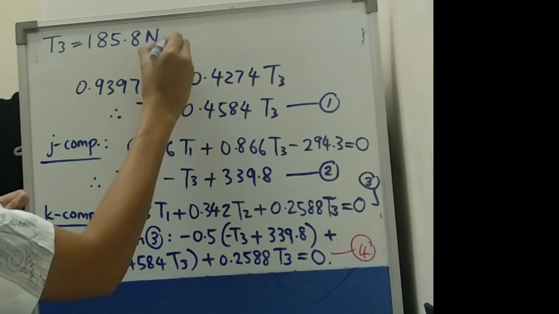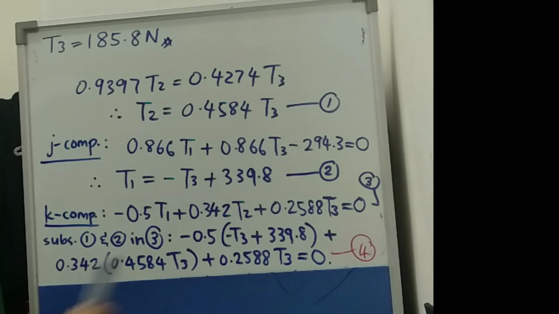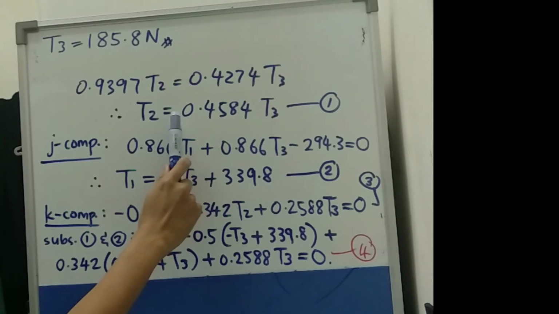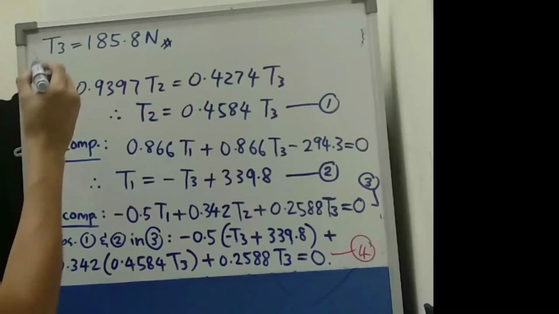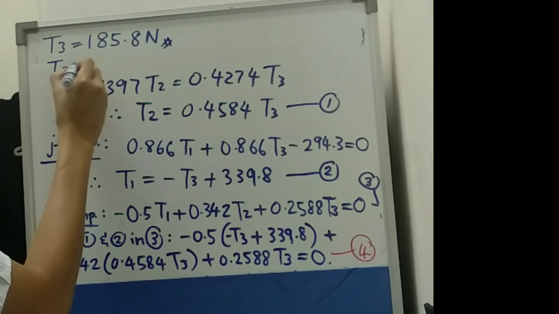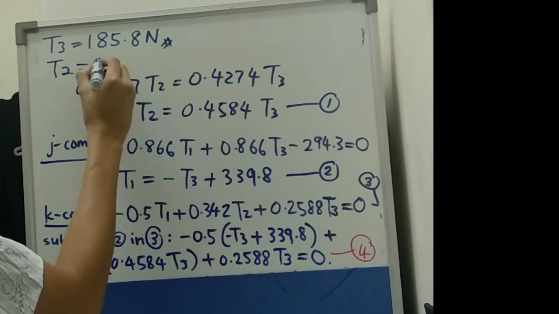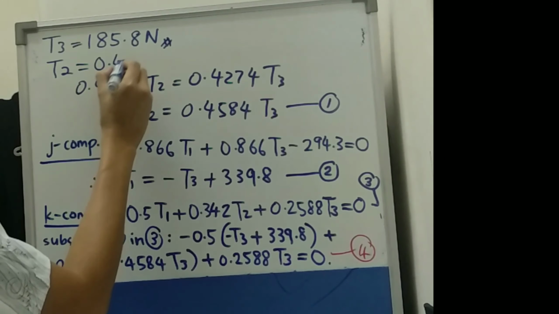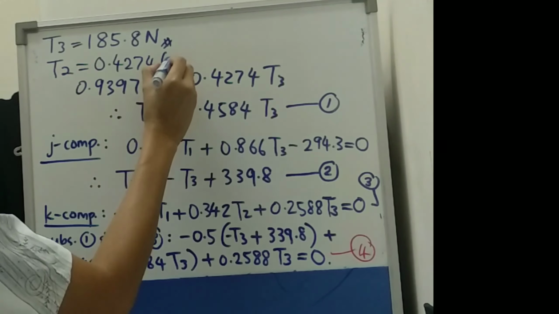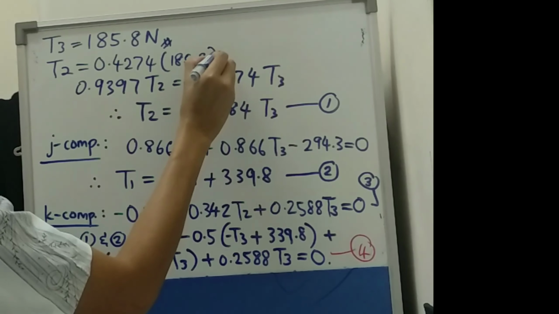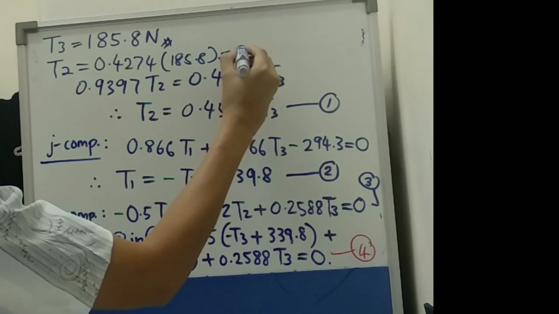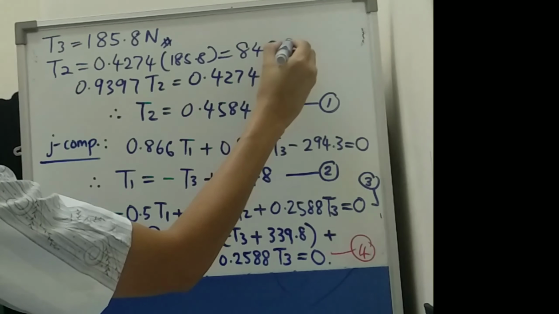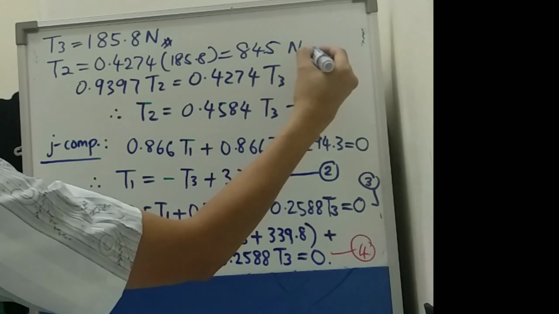Once we get T3 from solving equation number 4, we can solve for T2 by substituting the value of T3. We got T2 equal to 0.4274 times 185.8, which gives you T2 of 84.5 Newton. So you get your T2.